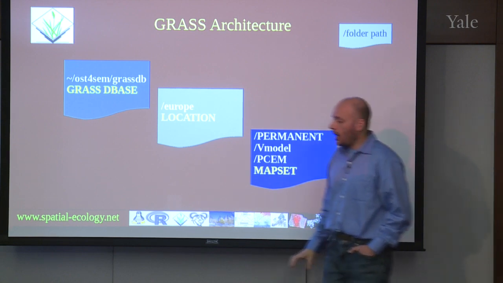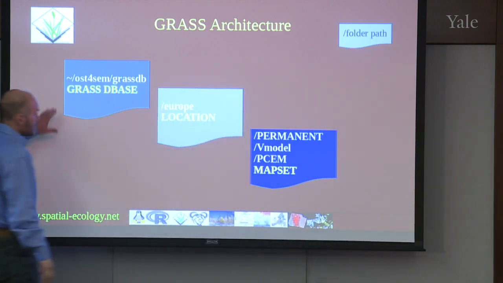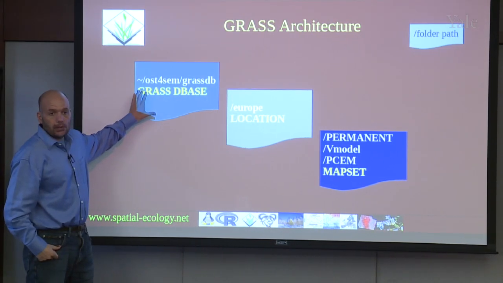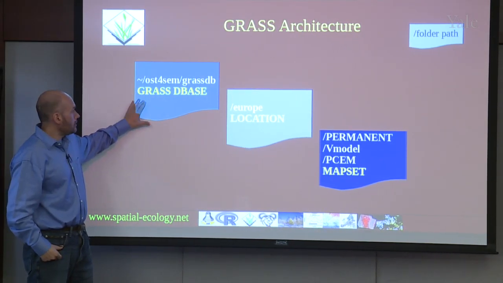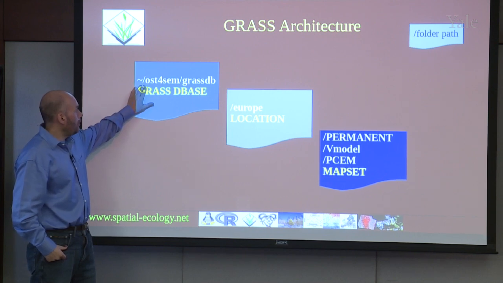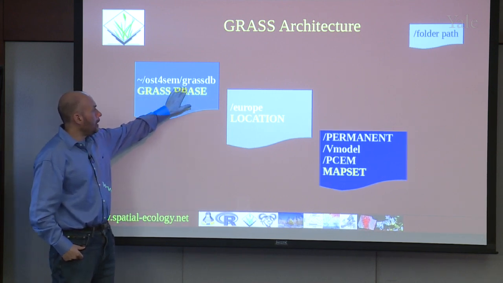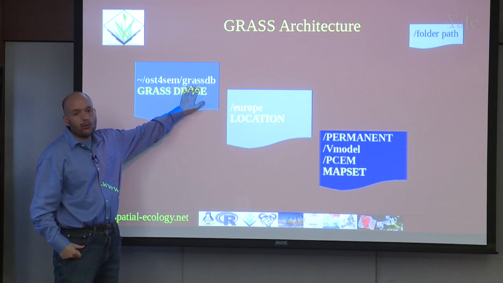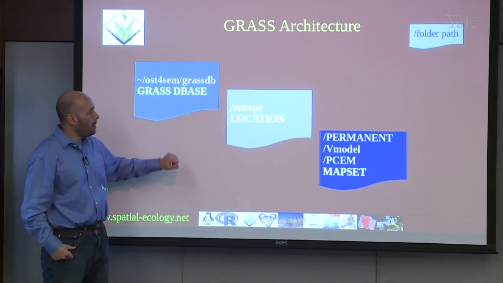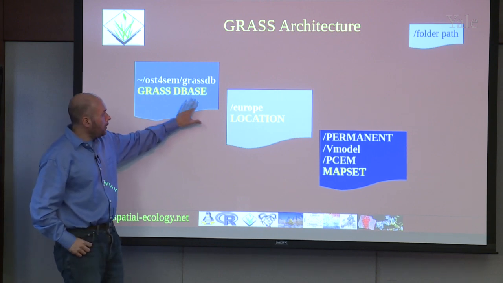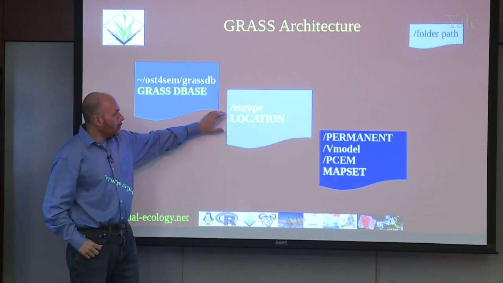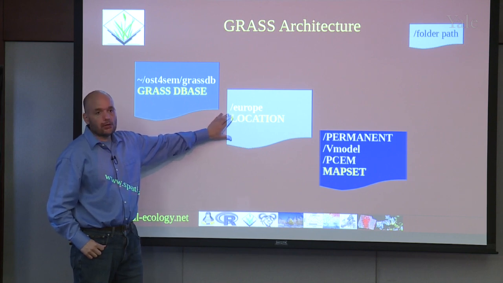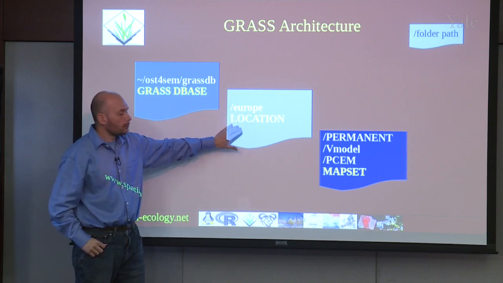Okay, so you always have a GRASS database that is a completely empty folder in the beginning. So in our case, the GRASS database is called OST for SAM, and then the name of the folder for the GRASS database is GRASS database. I always use the same name, okay? Then under the GRASS database, you have your location, and for example, this location is called Europe.